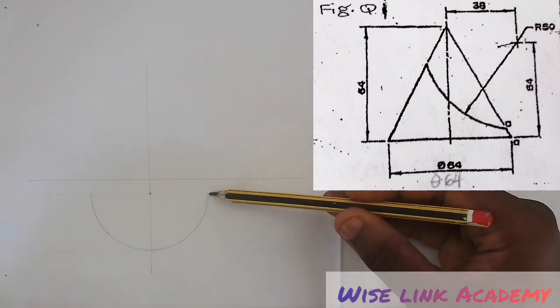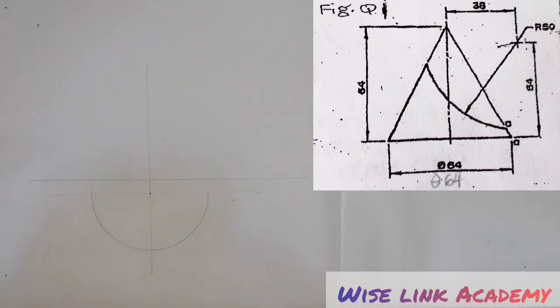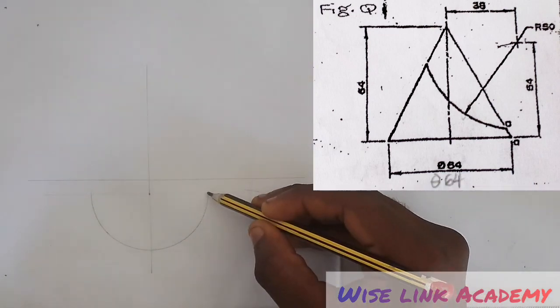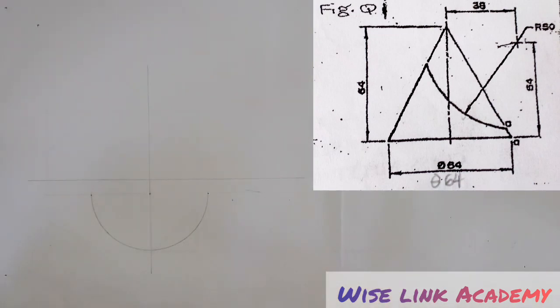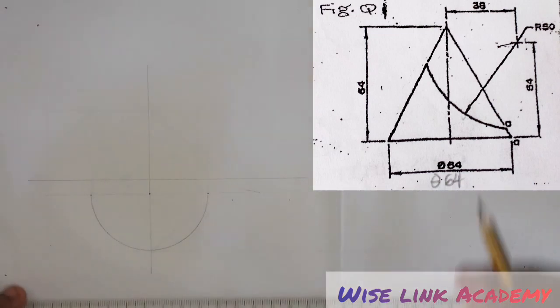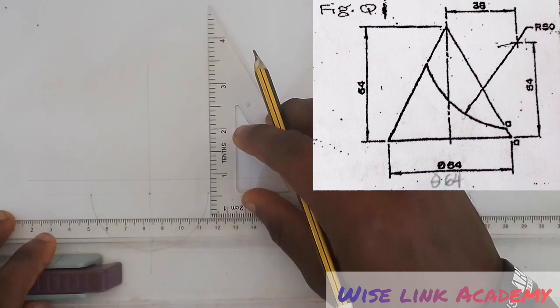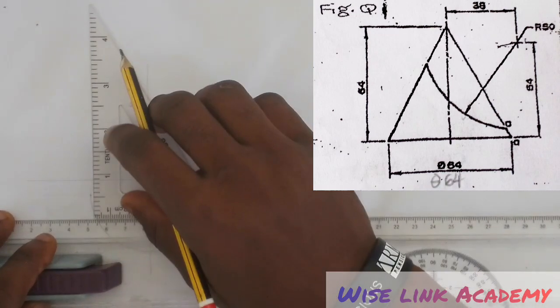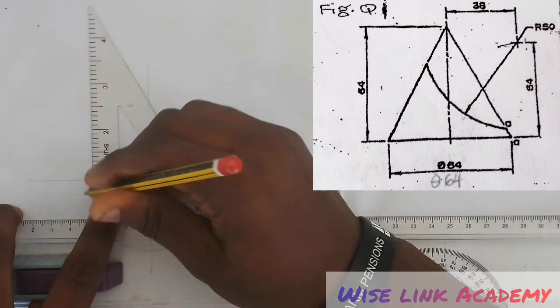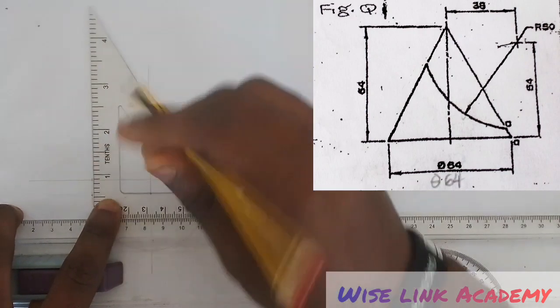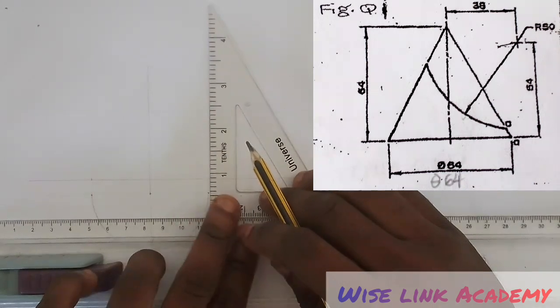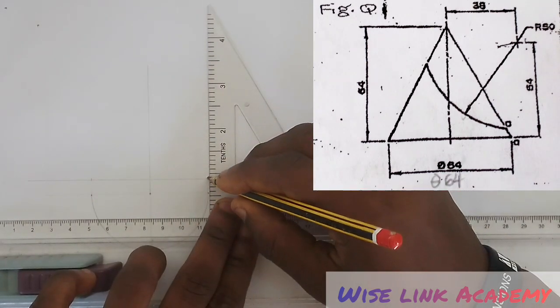Just make sure you're not touching the semicircle, a distance ahead, right? This is touching here, this is touching here. Now, at this point, similarly, I can take this up and this up to indicate this point up, this point to touch here, right? And this point to touch this point.